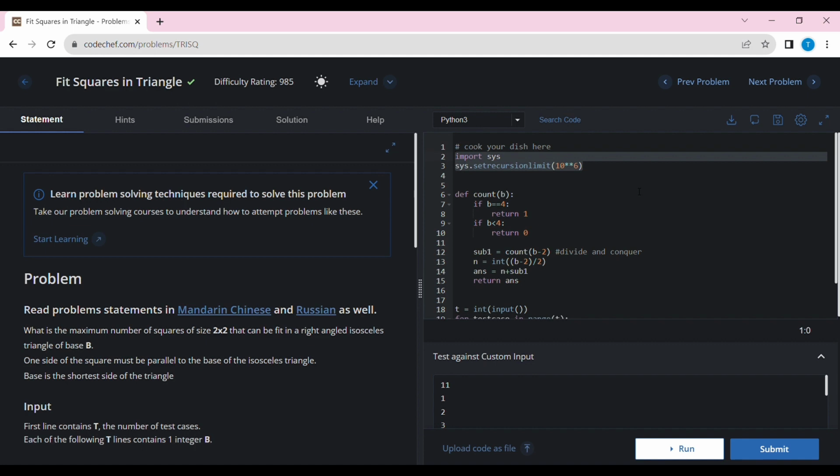What stack overflow is, or what these recursion depths are, are some theoretical concepts which we won't delve into right now, but this is just a good tip to know while problem solving, so that even after you write perfect recursive algorithms, you might run into runtime errors, and the way to solve it is this. So that's it for this problem, and hope this whole video was helpful.